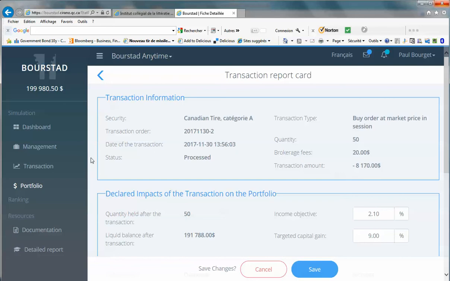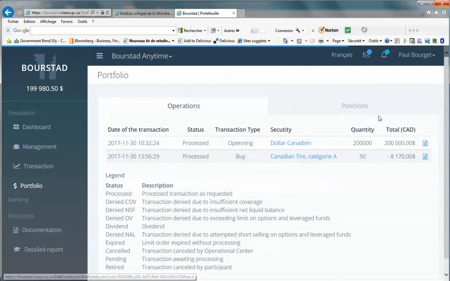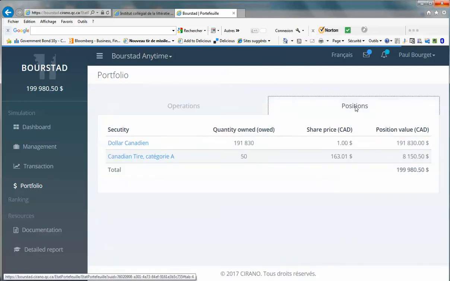So we have this information in place. There's also in portfolio the position tab. The position just describes everything that we find in the portfolio. Here we have Canadian dollars and Canadian Tire category A shares.